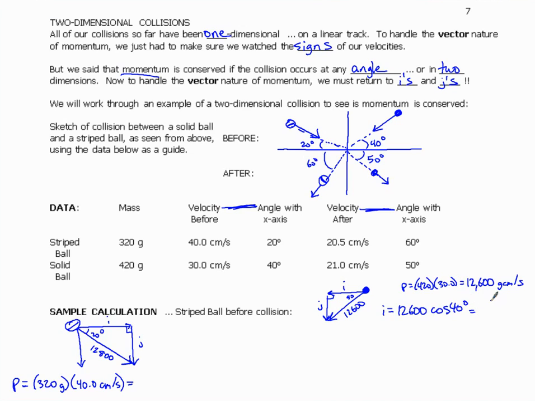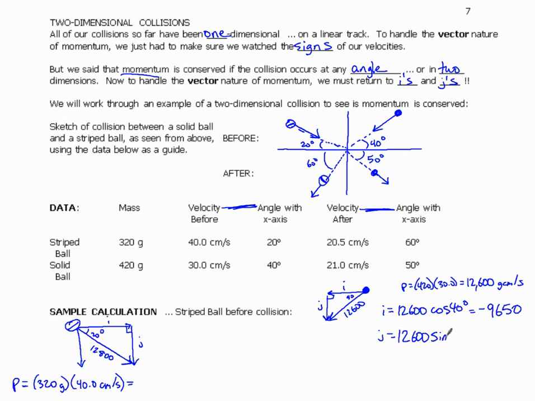And so it is 9,650 for the number. We have to figure out the direction. Now for the striped ball, we said that going left to right was positive. This one is moving right to left, and so it has to have an opposite sign. Negative 9,650.